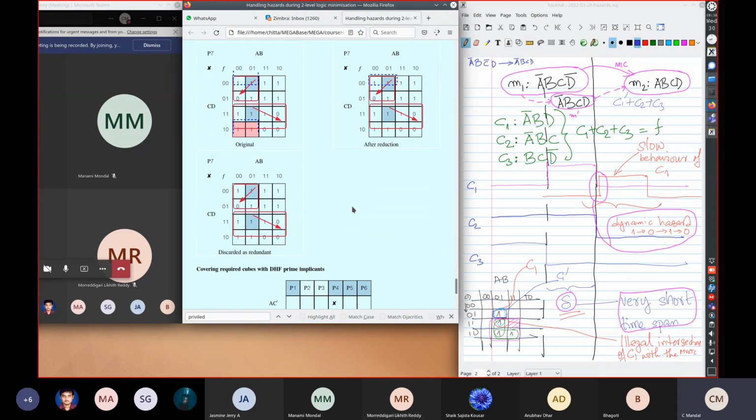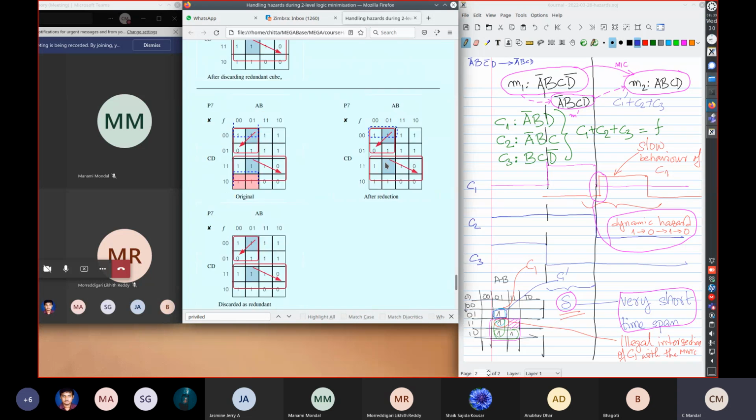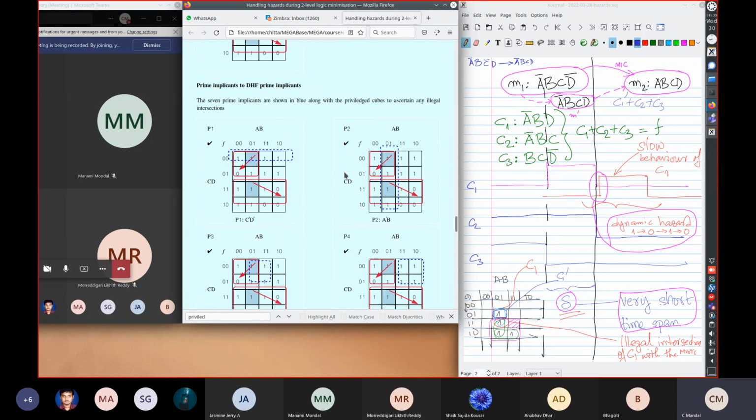All right, so let us consider that other cube. So this is the other cube. So here we have a problem. So these are the illegal intersections. So you can leave this out. So this is what you are left with. Now this is also redundant because this is included within that first cube which you had considered.